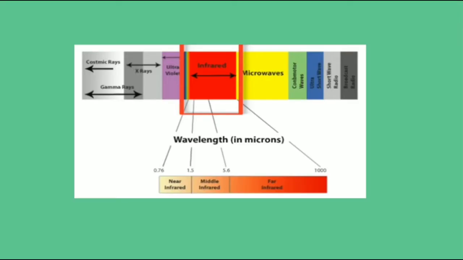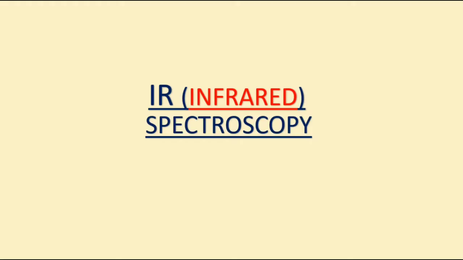See here in the diagram, that is what we call IR, infrared radiation. IR radiation is made up of different ranges of wavelength, and the application of IR radiation is known as IR spectroscopy. To identify which functional groups are present in the sample, we make use of this radiation. Since we apply IR radiation on the sample, we call this technique IR spectroscopy.